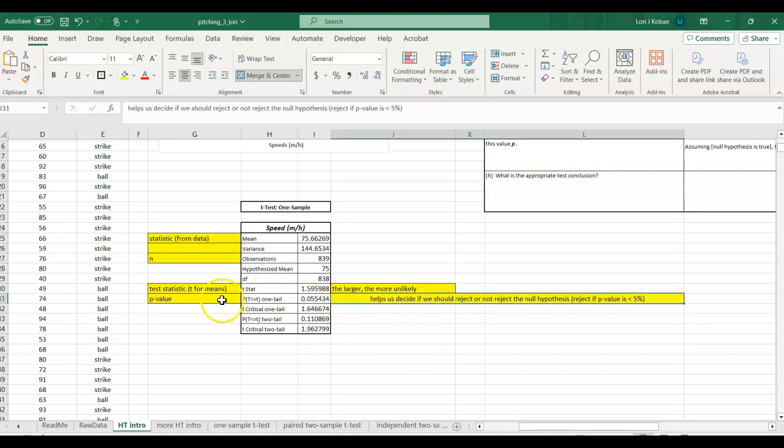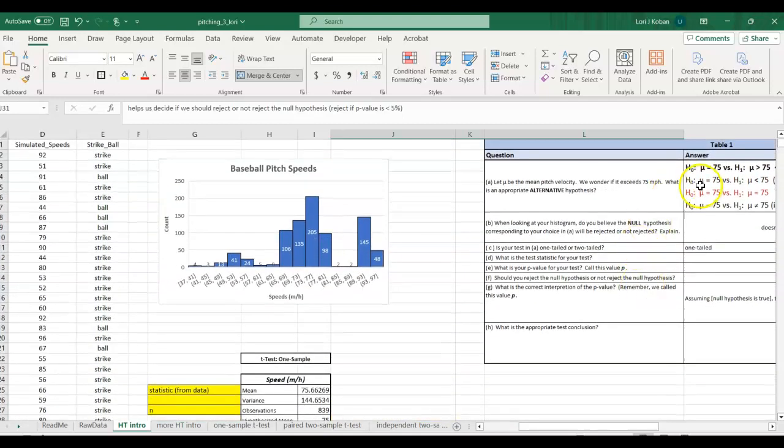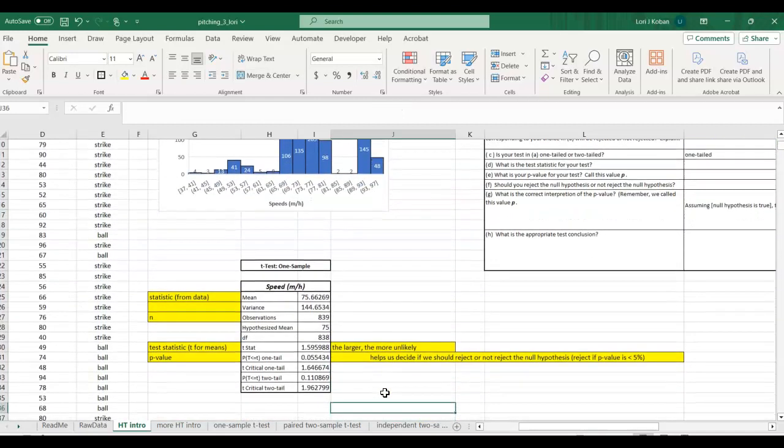If you have a p-value, the probability of observing your sample data, that's less than 5%, then what that means is it's unlikely that you're going to see that. So probably your null hypothesis is wrong. Probably the alternative hypothesis is true.